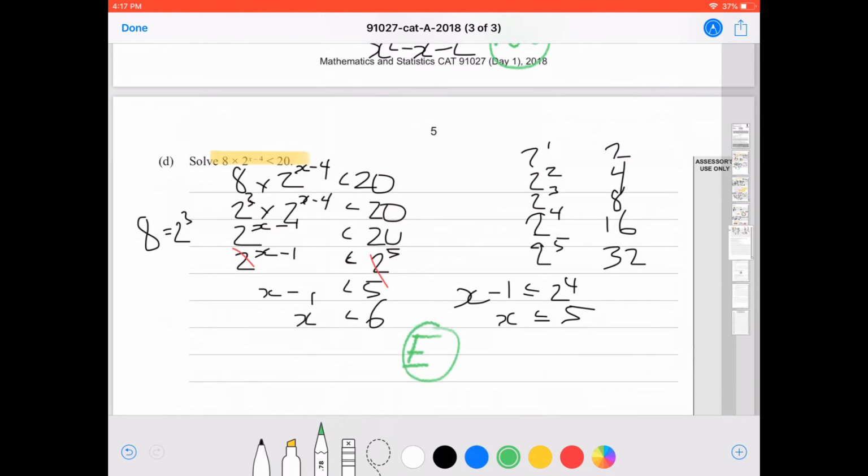Merit is you need to do 3 of the criteria for achieved to get the merit. So writing 8 is 2 to the power of 3, dividing by 8, so that's another way of doing it. You could have divided by 8, which would make the right hand side 2.5 and working from there.